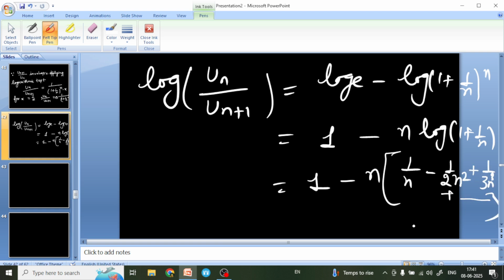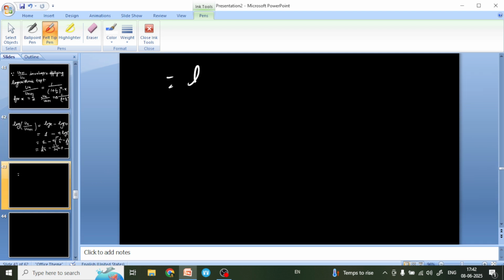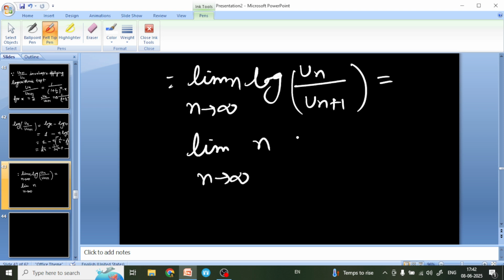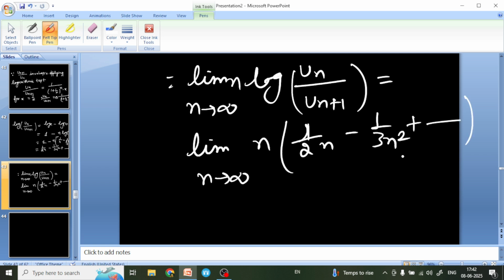This series is given. So here we will write 1 by 2n minus 1 by 3n square. This series will become, and after taking limit n tends to infinity, log of u(n) over u(n+1) is equal to limit n tends to infinity of n times (1 by 2n minus 1 by 3n square plus and so on), that is equal to 1 by 2, that is less than 1.